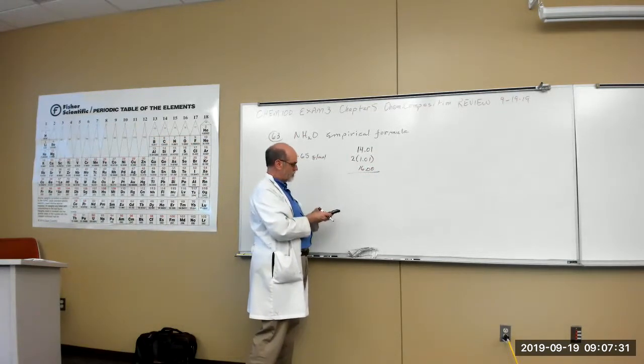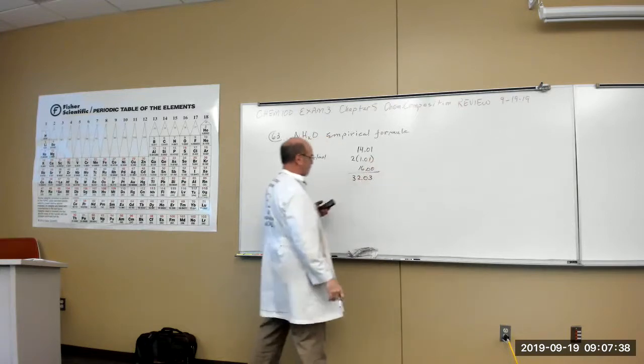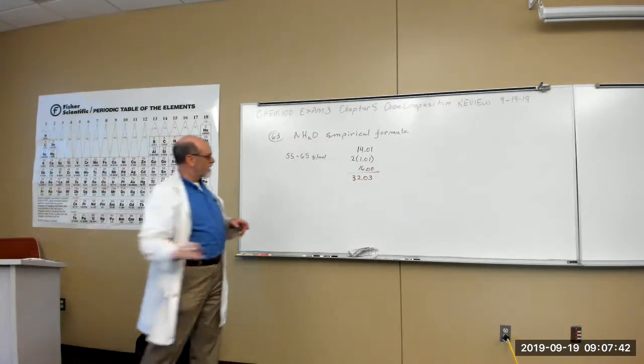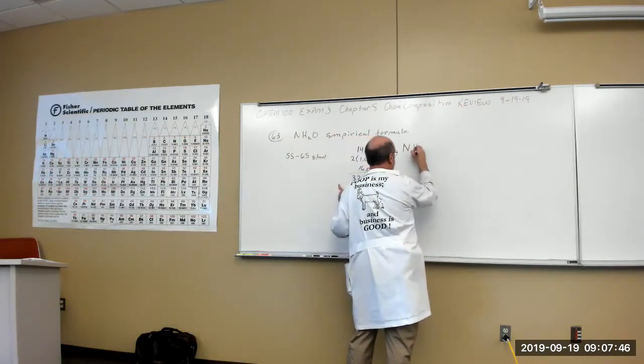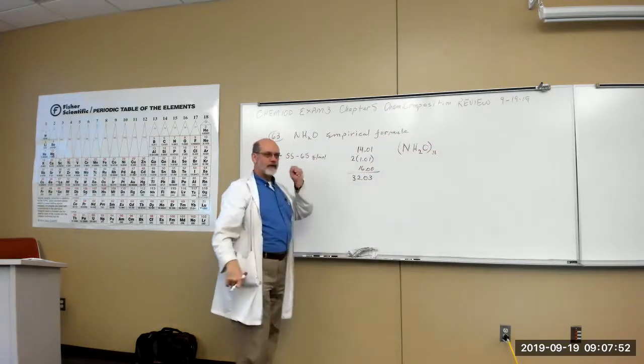And 2.02, 16 is 32.03. Okay? So we're looking for that multiplier.